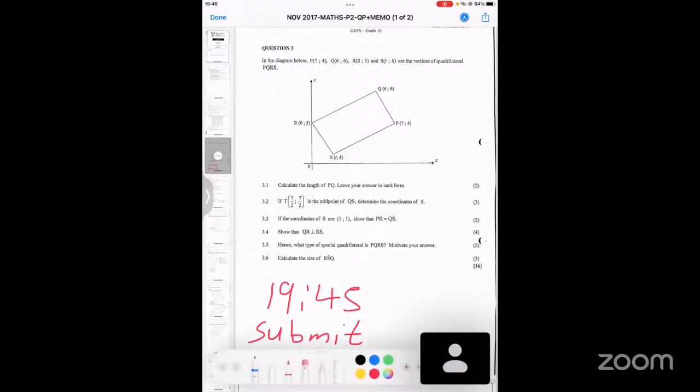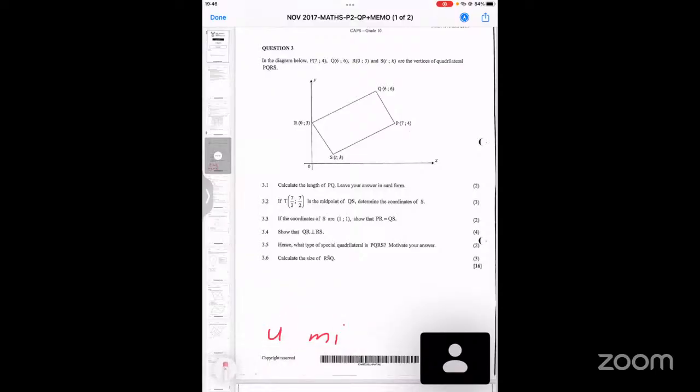Let me do this. I see this question, they did not want you guys to determine an equation of a line, so I'll create that question. There is usually 3 marks. So 3.7, I'll say find the equation of line RQ, 3 marks. So you do the same, honorable members.